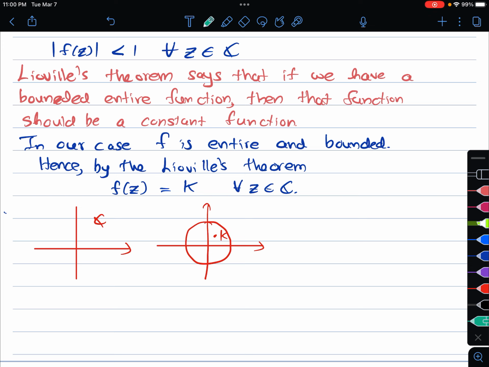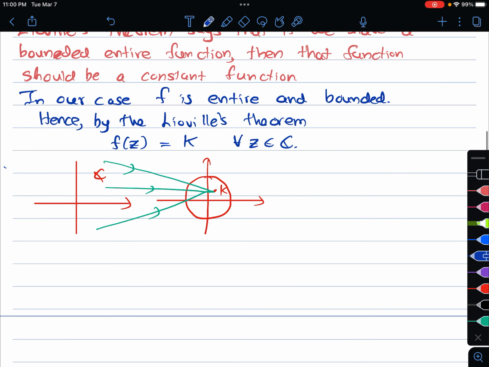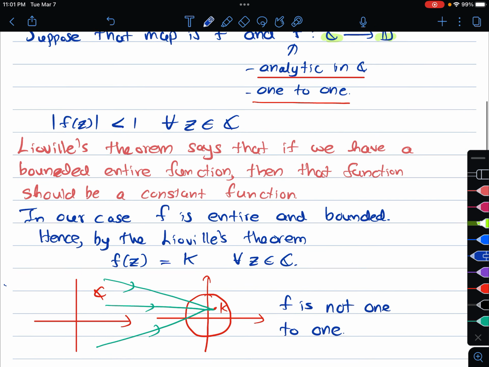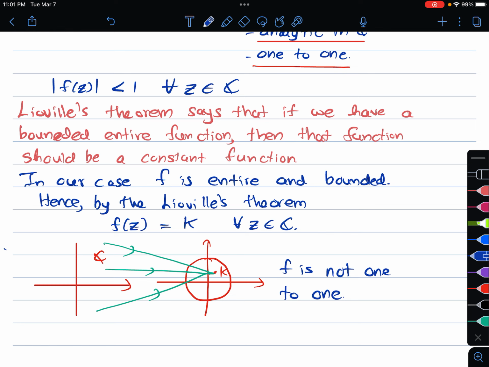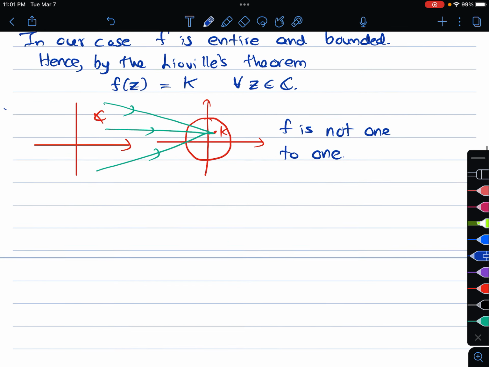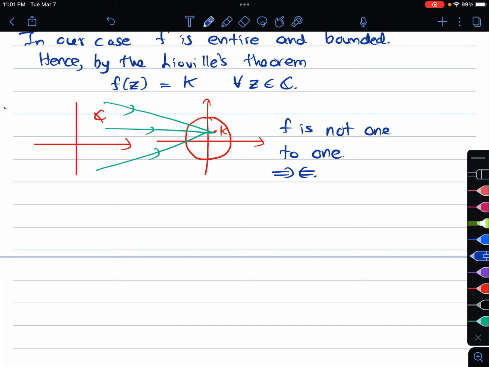Every value is going to be mapped to this k. So this would say that f is not one to one. This leads to a contradiction because according to our assumption, f is analytic and one to one, but we continued our proof and we got a result which says that f is not one to one. So this is a contradiction.